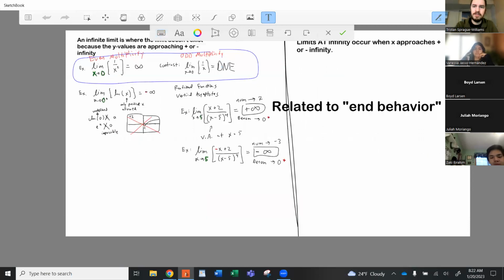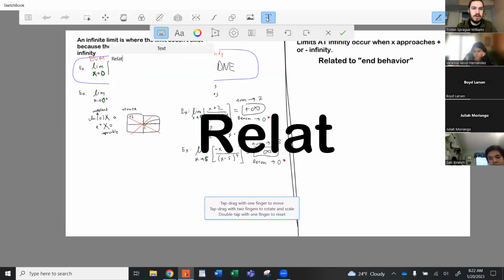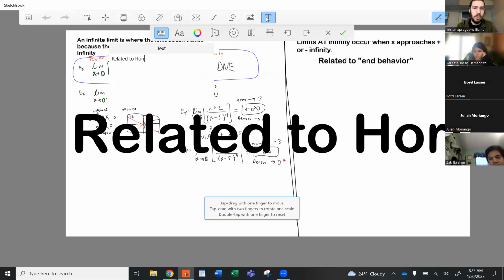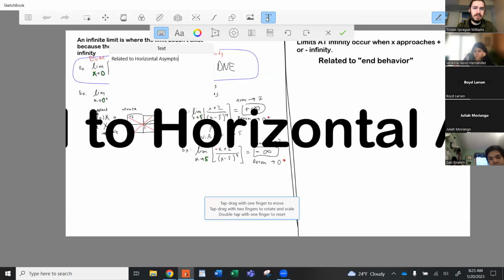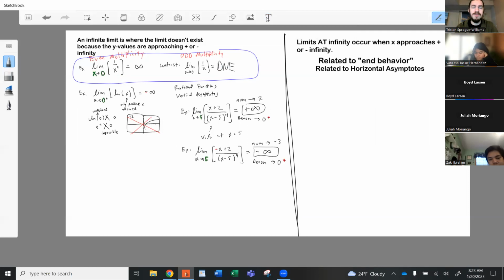You guys remember that term from pre-calculus? End behavior. It's also related to horizontal asymptotes. We had vertical asymptotes with infinite limits, but with limits at infinity, we can have horizontal asymptotes.